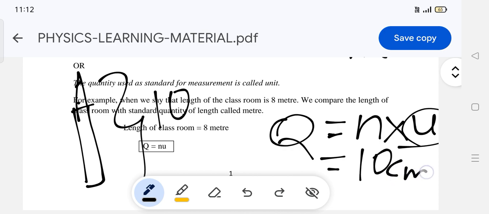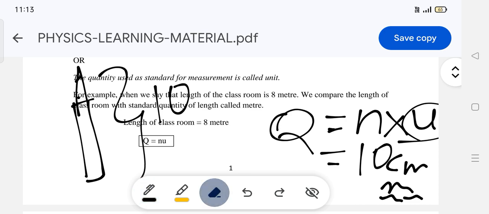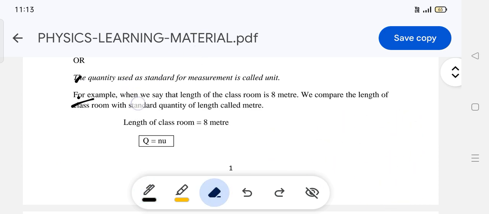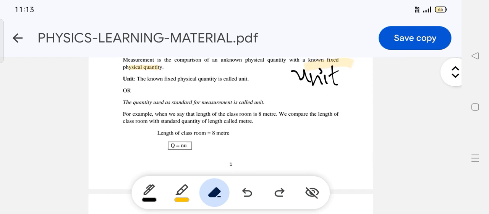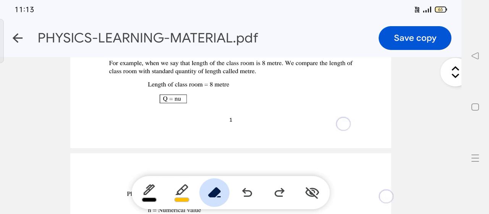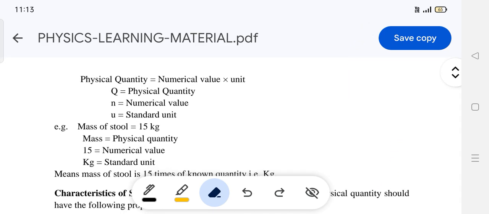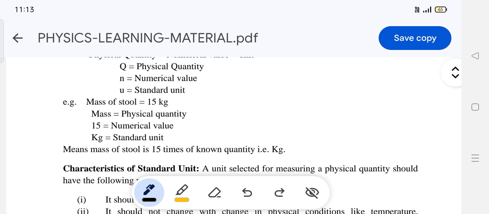If we add centimeters or meters or millimeters, there is a meaning. So a quantity with number and unit only has meaning. So measurement is nothing but comparison of an unknown quantity with fixed units. As I told, a physical quantity is numerical value into units. You can see this example.